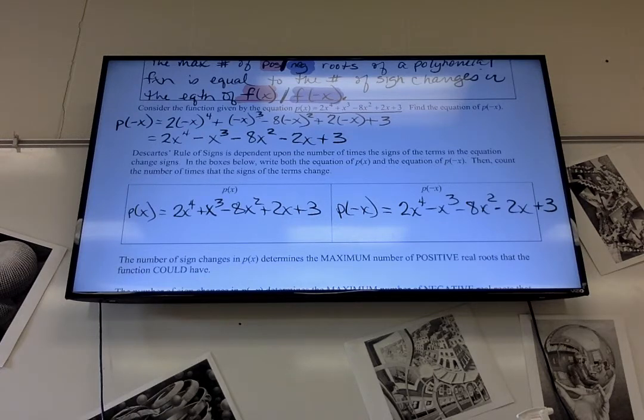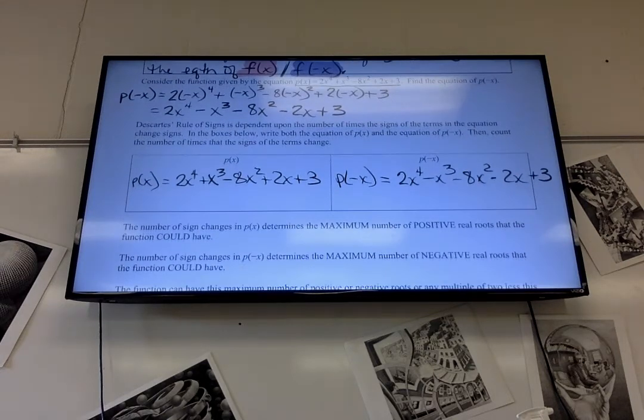Okay, so we just looked for sign changes. So here it's going from positive to positive. So that's no sign change there. Then it goes from positive to negative. Yes, that's a sign change. Here it goes from negative to positive. So yes, that's a sign change. Positive to positive?